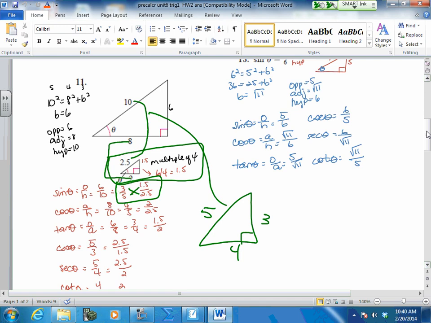Because don't they all work out, regardless of your similar triangles, they work out the same sine, cosine, tangent? Would that be on this test? I don't know if it's on the test. But do you see what I'm getting at? I want you to see the concept here, guys. The concept of what's going on. These are your similar triangles.